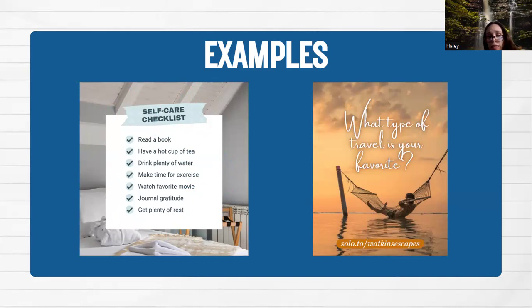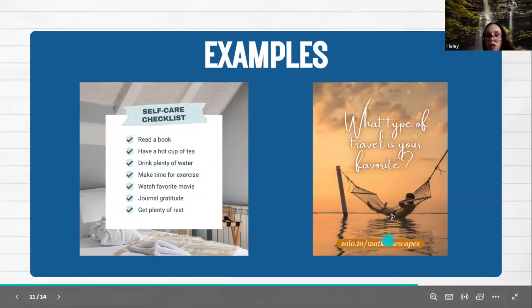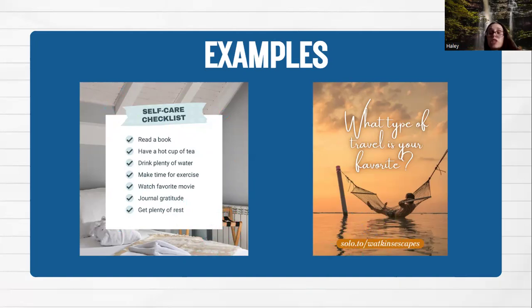Different people are seeing it, and even if they did see it before, they will recognize that, hey, this came from Watkins Escapes. This one doesn't have it, but I do suggest always putting your website or your name, your logo, something on it so that it's branded towards you. And if someone does share it, it still leads back to you.